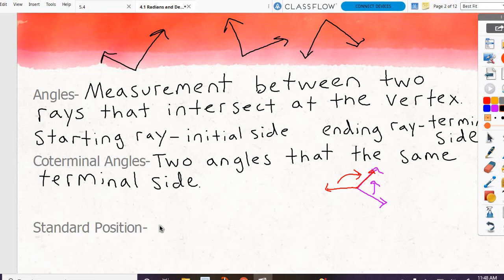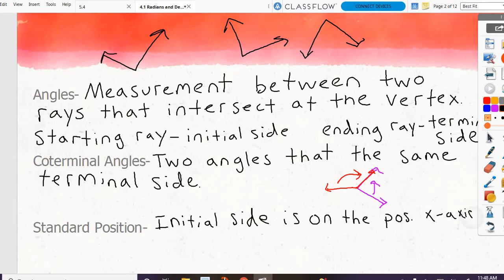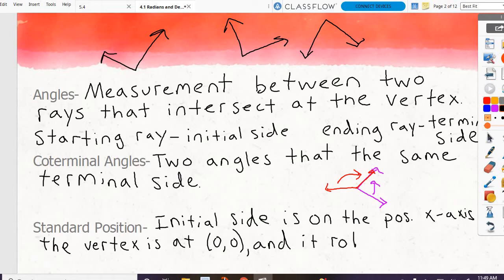So standard position is going to be where the initial side is on the positive x-axis, and the vertex is at 0, 0. And it rotates what direction?